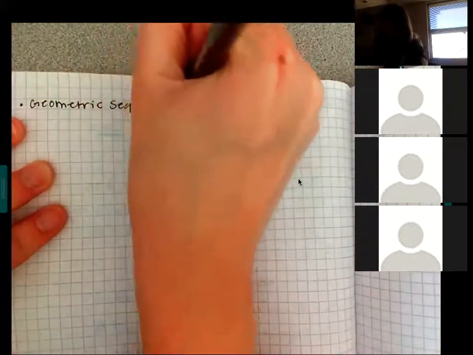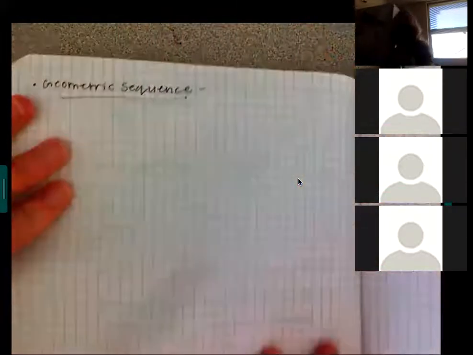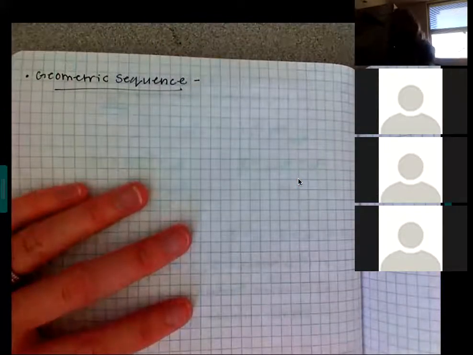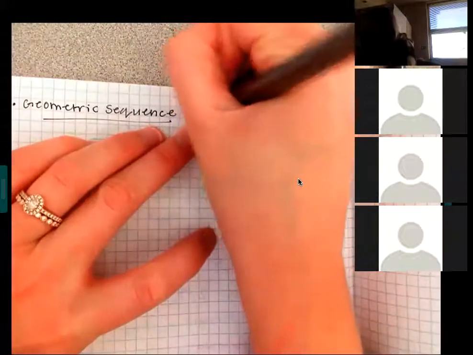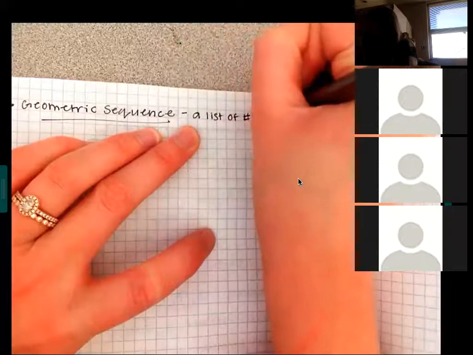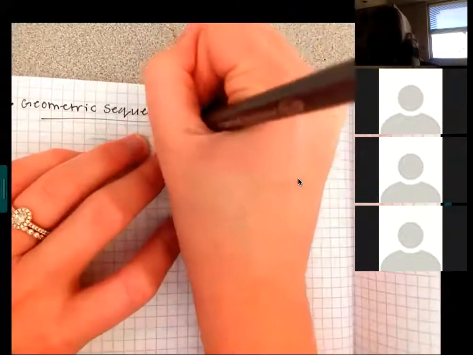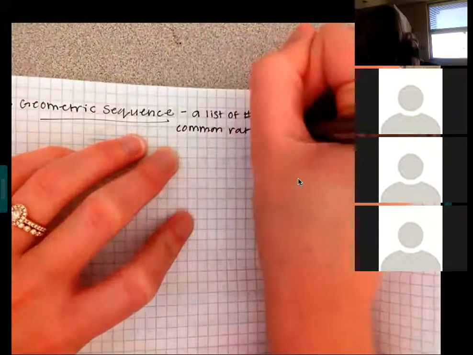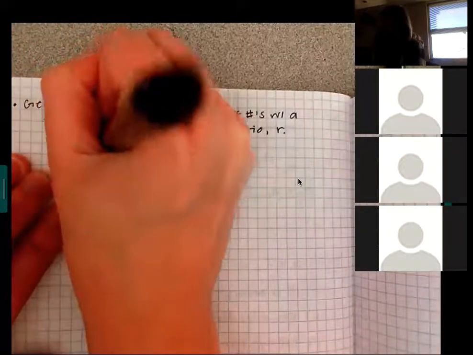A geometric sequence. We talked about this at the beginning. Let's see who remembers. Has what kind of pattern? Multiplication pattern. Good. So this is a list of numbers with a common ratio, not a common difference, which means it has a multiplying pattern.